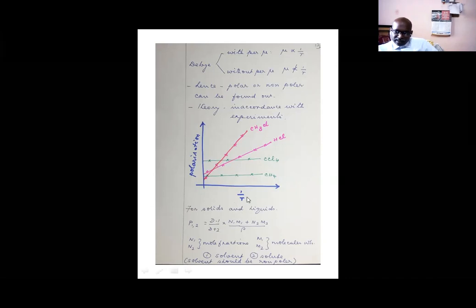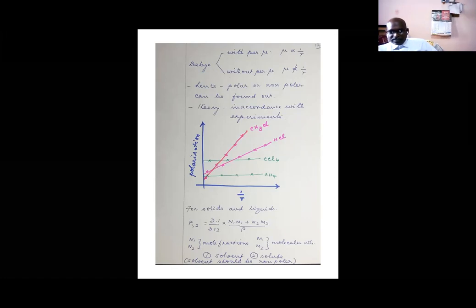If the polarization and 1 by T are linearly related, then you will have a line like this with a positive slope. If you are getting a positive slope, then these molecules have a permanent dipole moment. Therefore, whether a molecule is polar or non-polar can be found out by the theory of Debye using this experimental data. This experimental data were found to be in accordance with the theory explained by Debye. This is the Debye's approach.